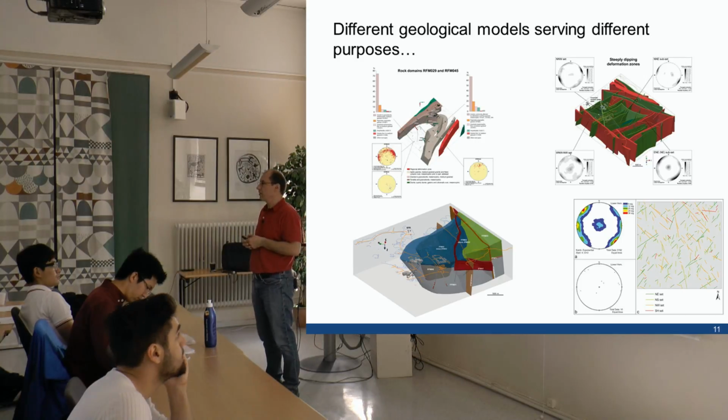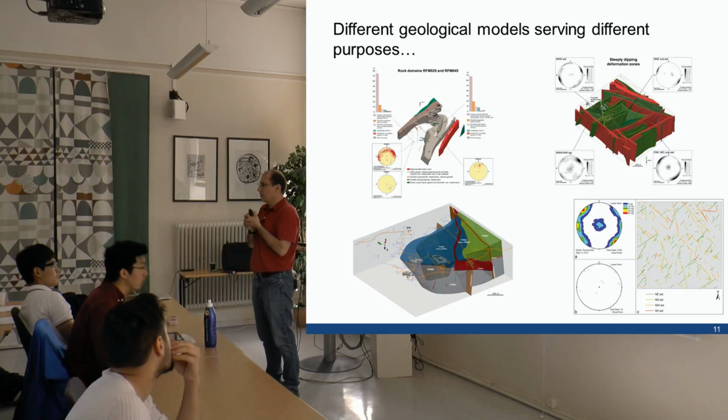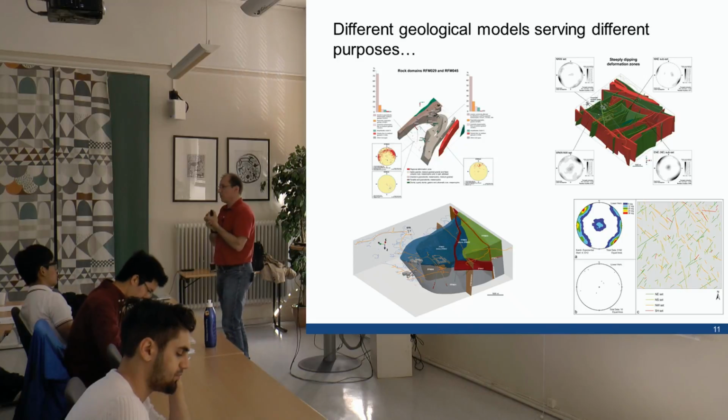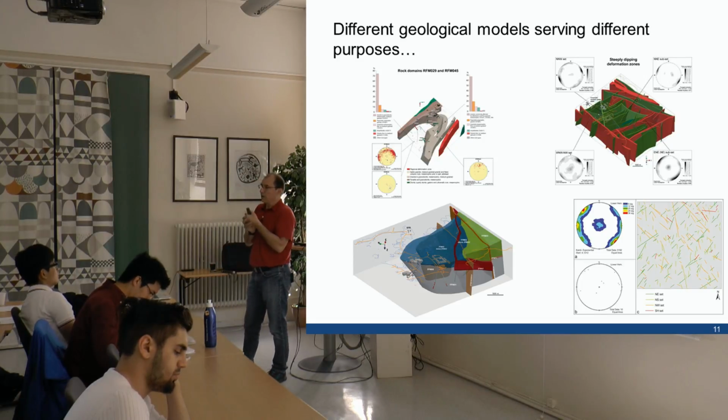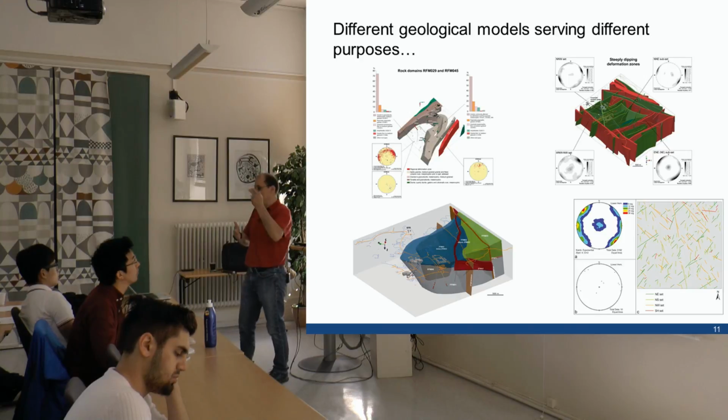Can anyone guess? What is a deformation zone? It's actually a fracture. The rock is fractured. So an earthquake creates a deformation zone. The rock is sheared, and when you shear a rock, you get openings, and water can go through, which is important for our case, to see where the water is and so on.